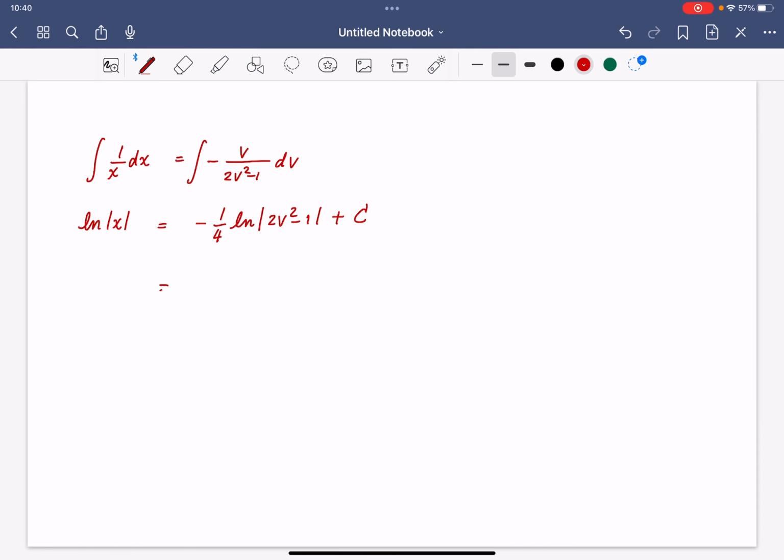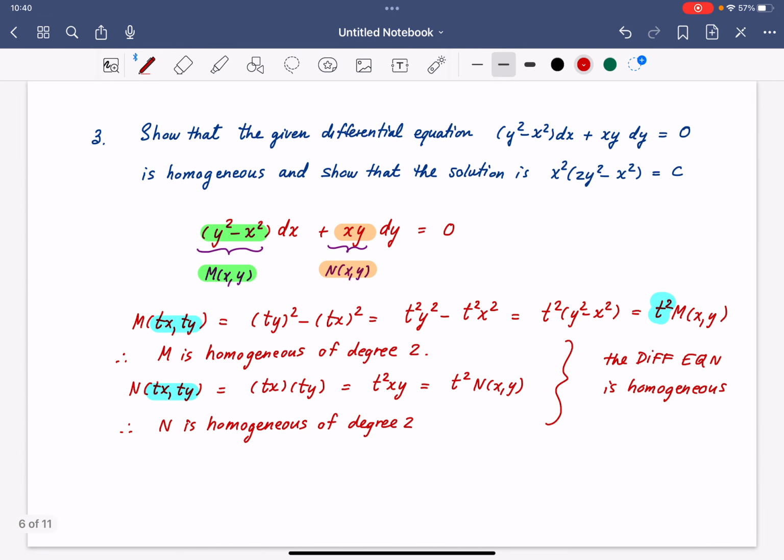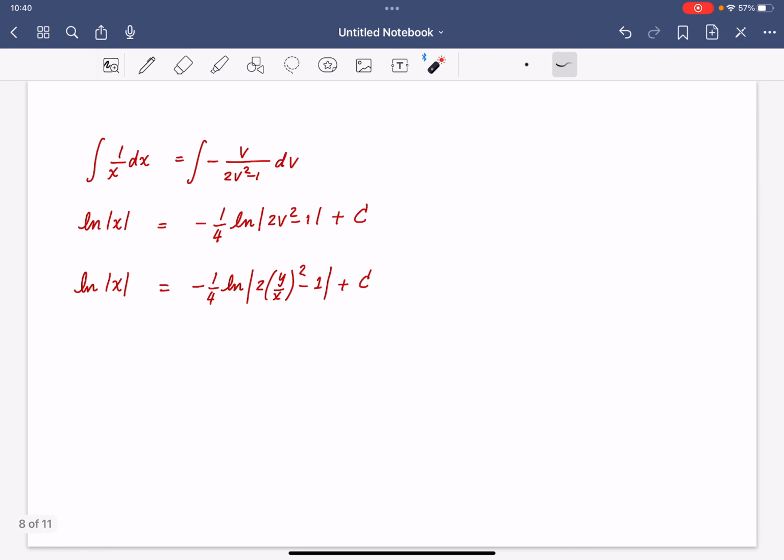You can change v back to y over x. And then this is the answer for the general solution. You can simplify until you get the term that they ask you here, if you want to. But up to this point, this is called the general solution.